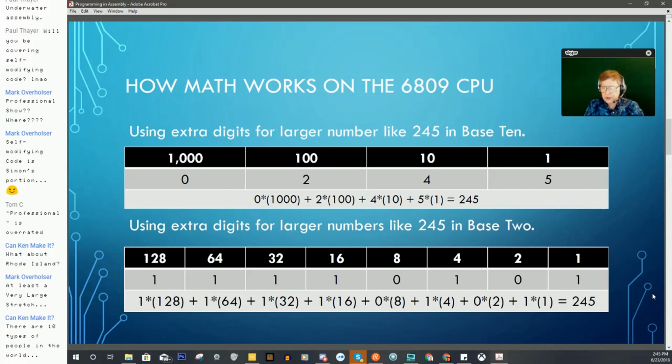So if you take the number 245 and you want to convert it into decimal, it is 0 times 1,000, 2 times 100, 4 times 10, and 5 times 1. That's what each of the digits represent. So you can see it comes out as 245.